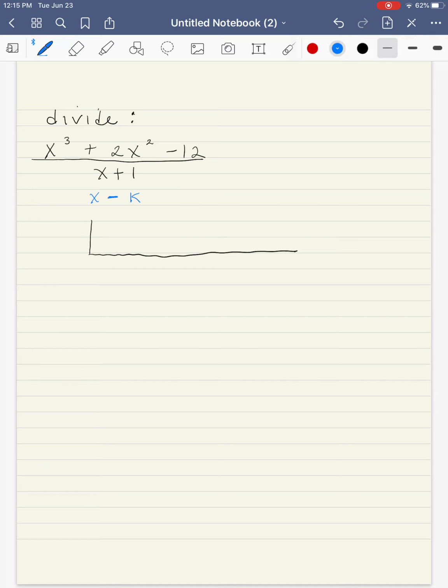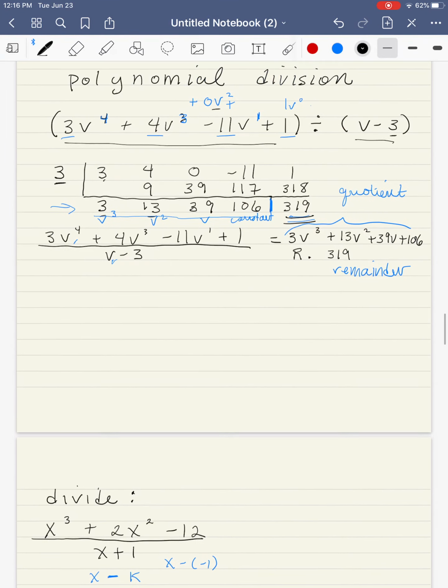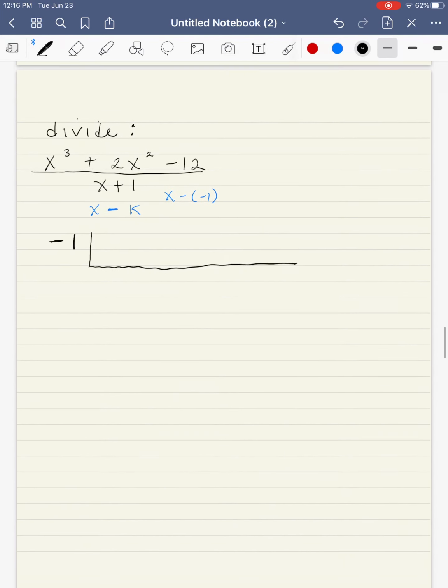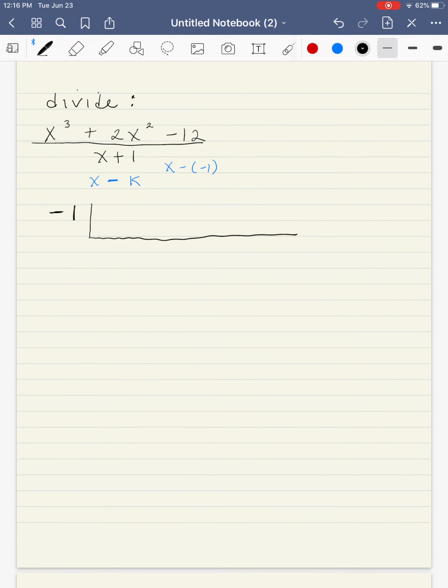Okay, if I have x minus k, what I have here is x minus -1. So the number that I'm going to put out here to the left is -1. When we had x or v minus 3, we use +3.